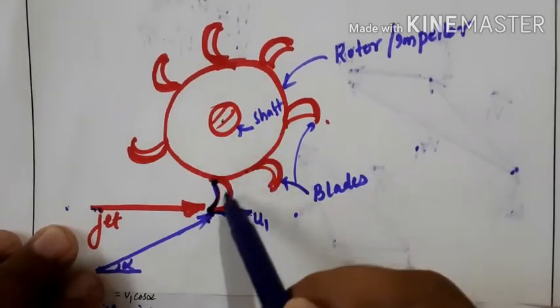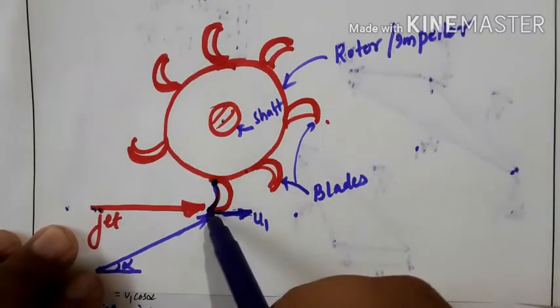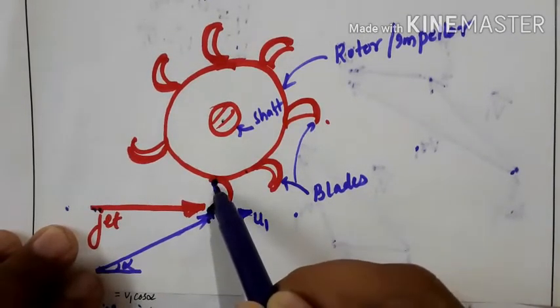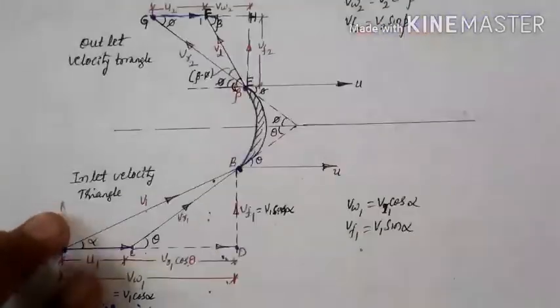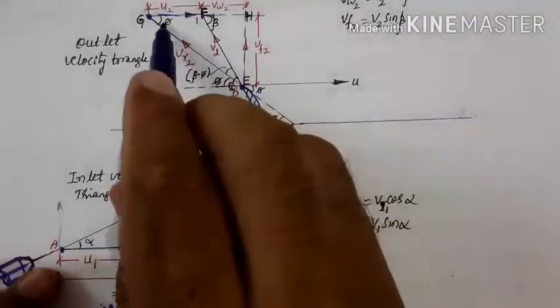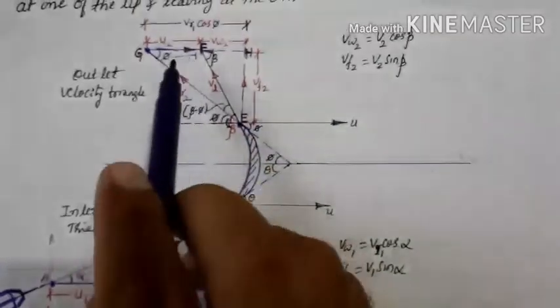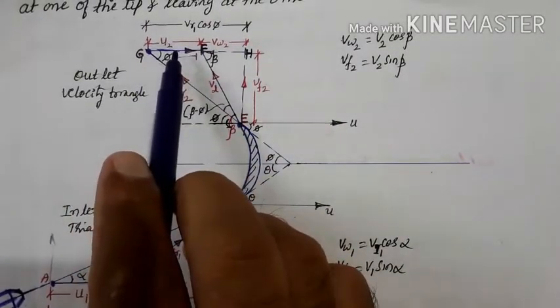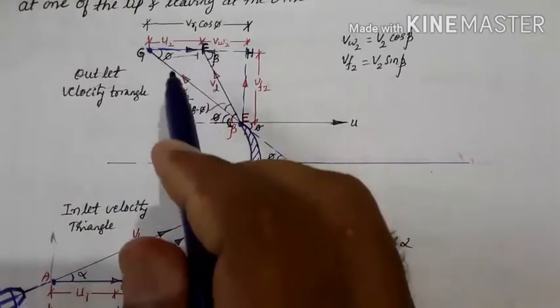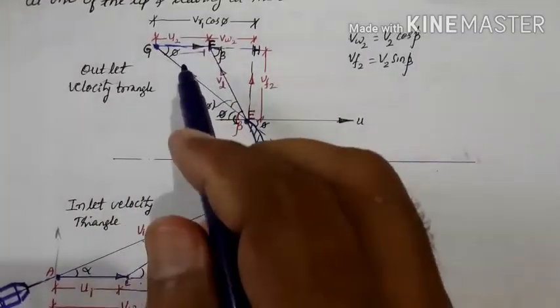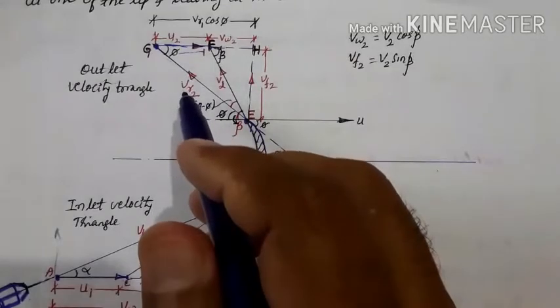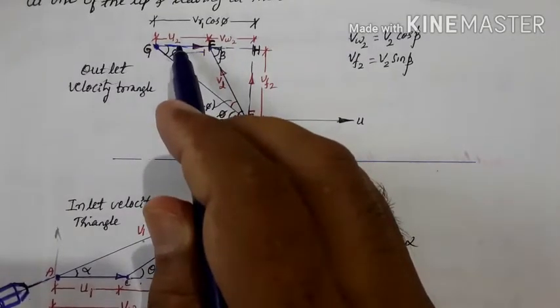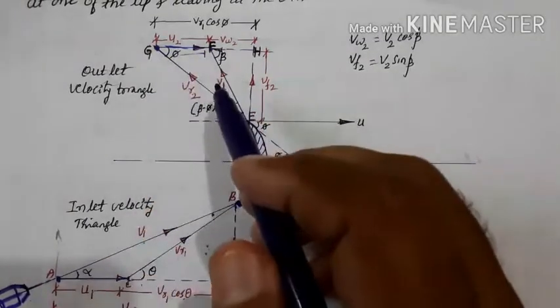When it rotates, both tips rotate, the inlet tip as well as the outlet tip. This is the direction of the vane, and draw GF of magnitude U2, which represents the velocity of the vane at outlet.